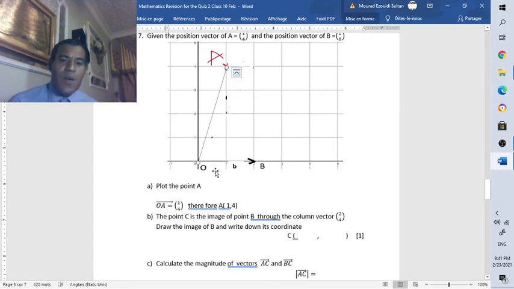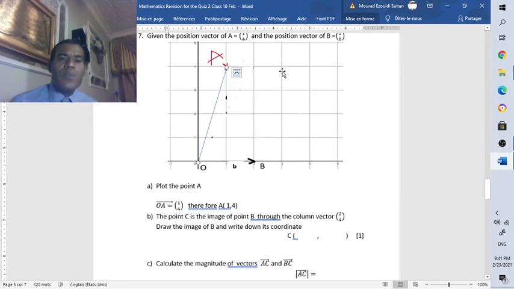Clear? Now the question says that the point C is the image of point B through the column vector (2, 4). This is B. Okay, (2, 4) means I will move 2 units to the right and 4 units up.